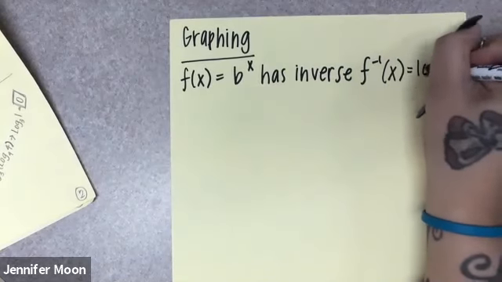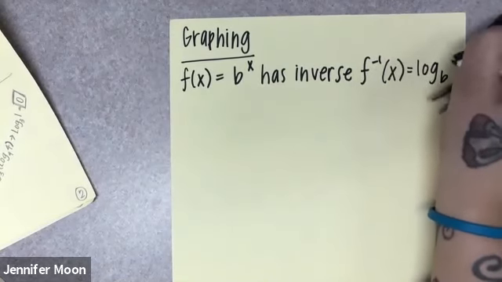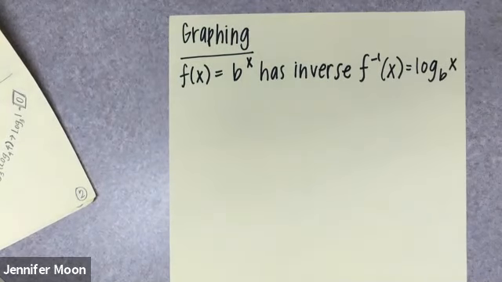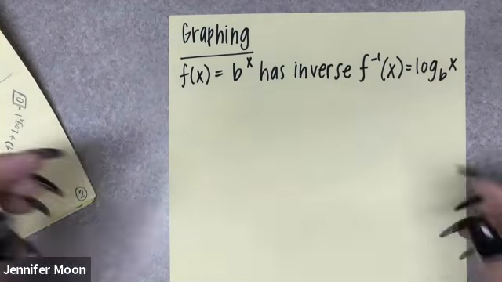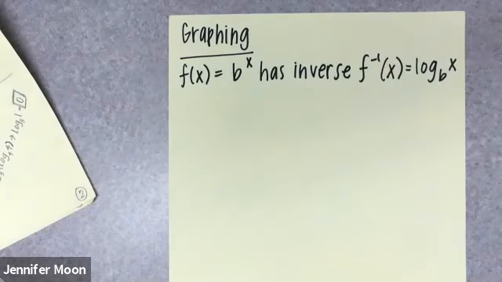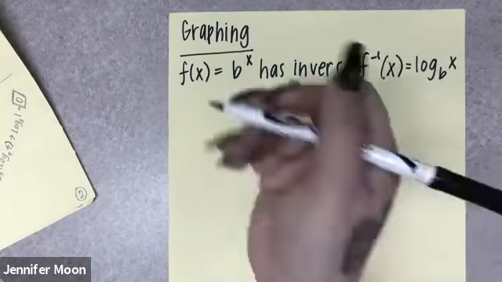And the inverse of our exponential function, this is what we learned in the last class, is log base b of x. That's what I said, that they're inverses. I also said that logarithmic functions are one-to-one, and they have an inverse. These are inverses of each other, right?